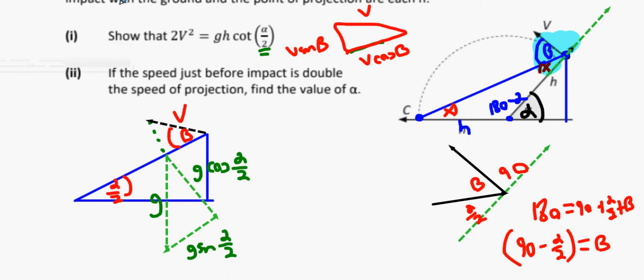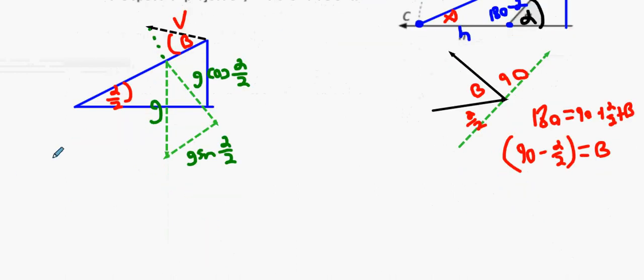Here's the fun thing about this. This is like somebody put all the worst questions possible in one test. But these things have happened before, so it's good that you know this. So imagine, for argument's sake, this is 90 degrees, that's alpha over 2, and that's 90 minus alpha over 2.